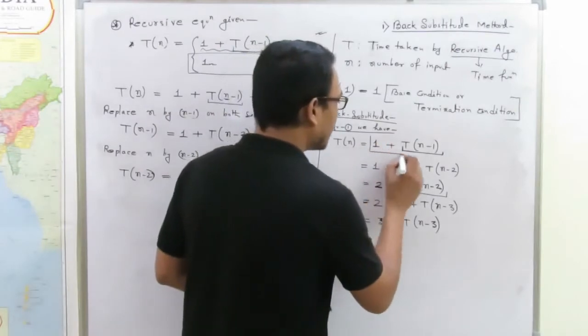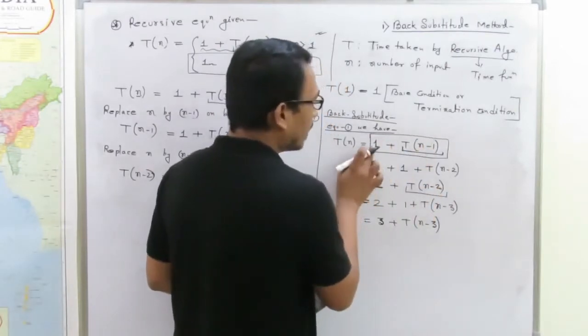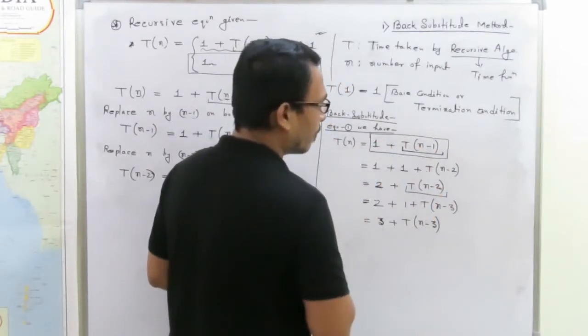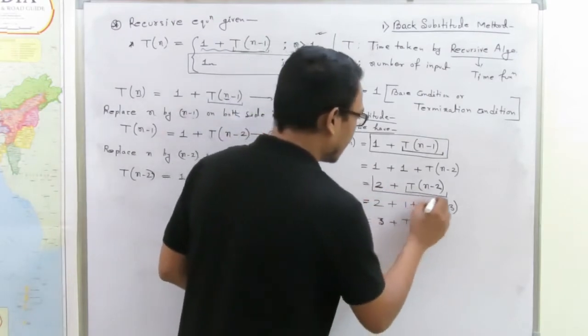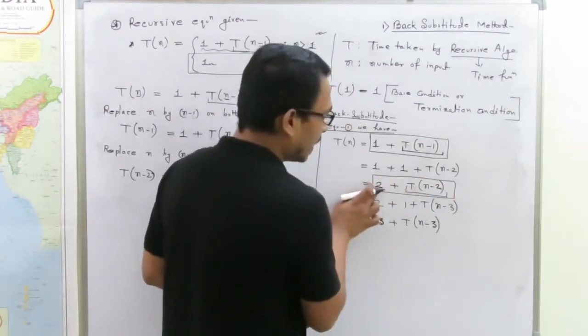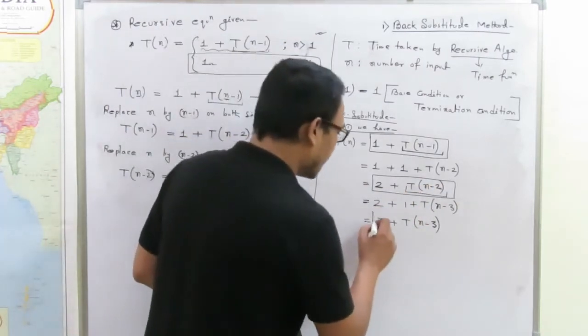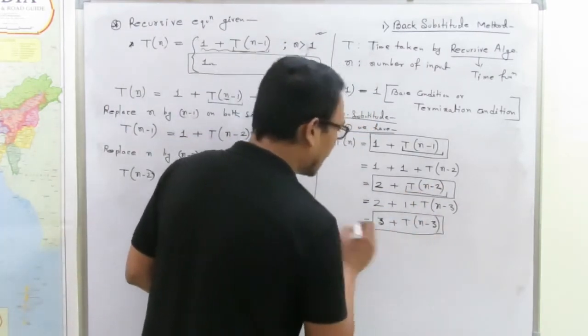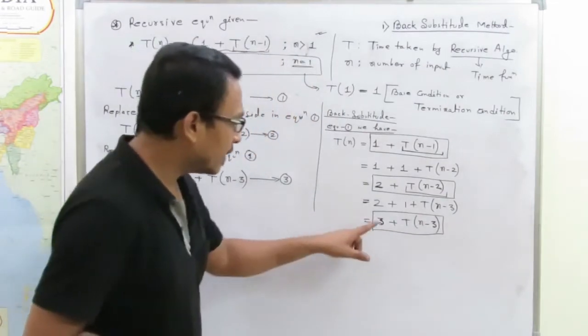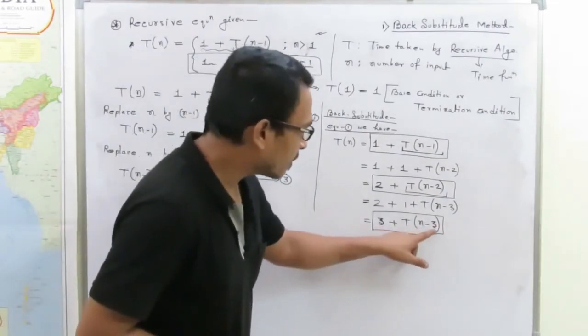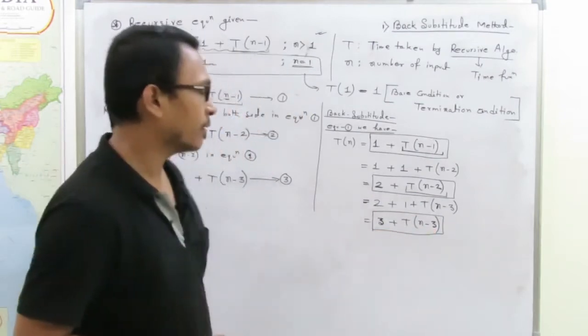Now look at here. In this statement 1 is there and we subtract 1 from n. In this statement 2 is here and we subtract 2 from n. In this particular statement 3 is here and we subtract 3 from n.